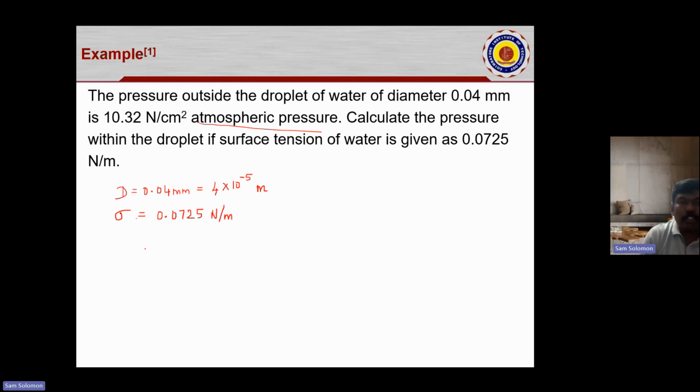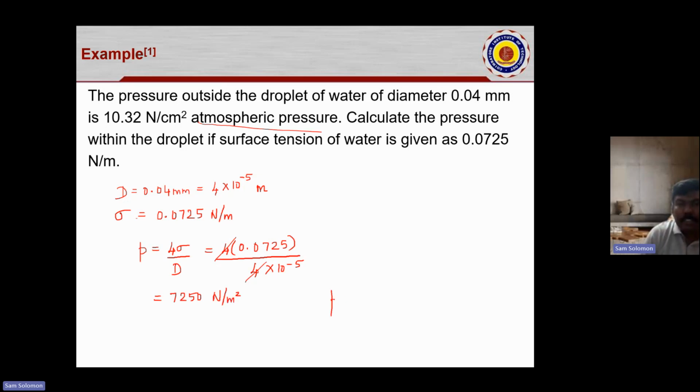Okay, and so this is the water droplet again. We know that pressure P is equal to 4 times sigma divided by D. So it is 4 times 0.0725 whole divided by 4 into 10 to the power minus 5. I'll be able to cancel out these two. So what we have got is 7250 Newton per meter square.